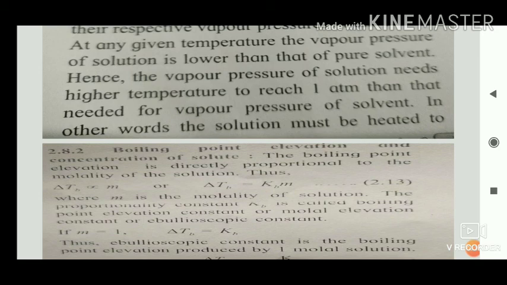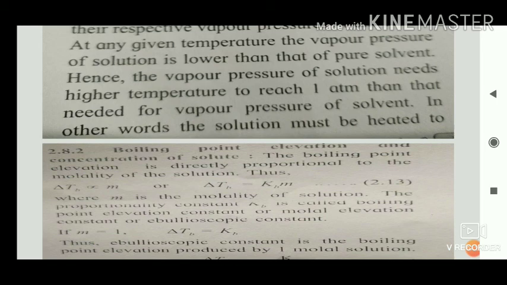Then we see boiling point elevation and concentration of solute. Here concentration of solute means how much amount of solute is dissolved in the particular solvent. The boiling point elevation is directly proportional to the molality of the solution. Thus, delta TB is directly proportional to m, or delta TB is equal to KB into m, where m is molality.